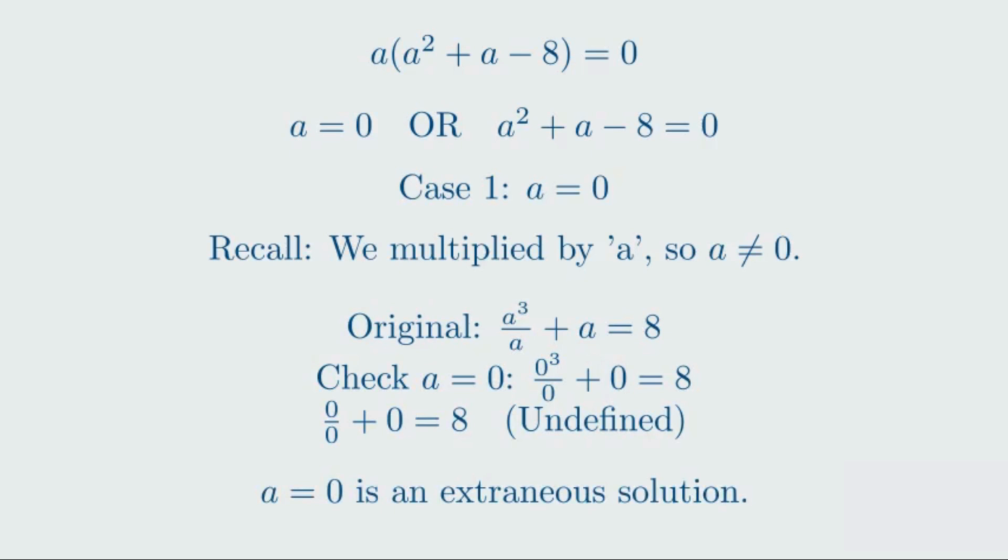Our final objective is to solve the remaining quadratic equation to find our final solutions for a. We are left with the quadratic equation a squared plus a minus 8 equals 0. This quadratic doesn't factor easily with integers, so we will use the quadratic formula, which works for any quadratic equation in the form x squared plus bx plus c equals 0.